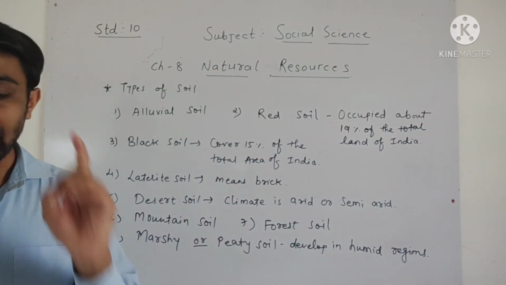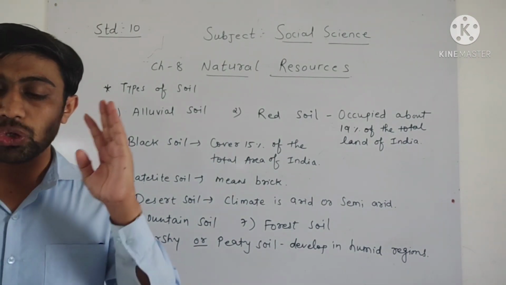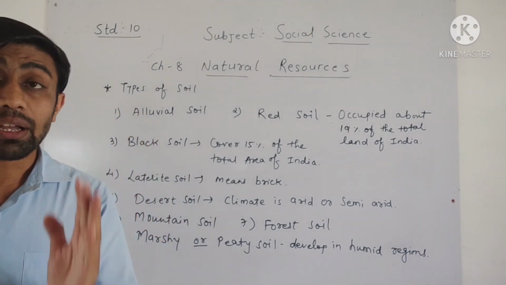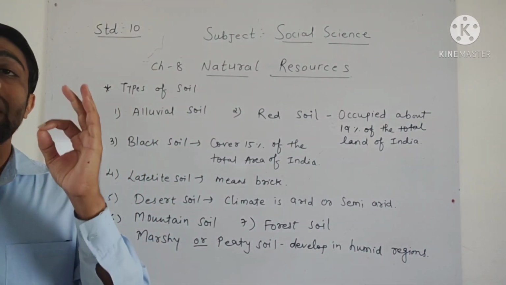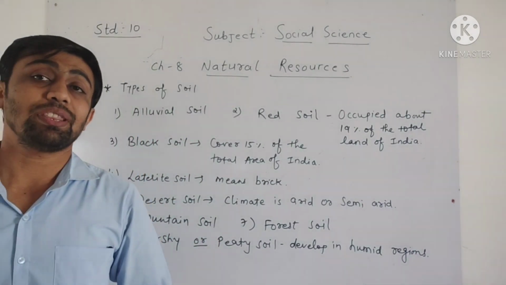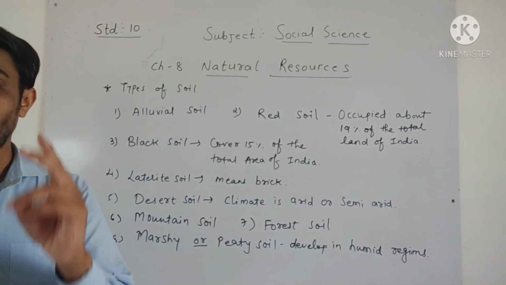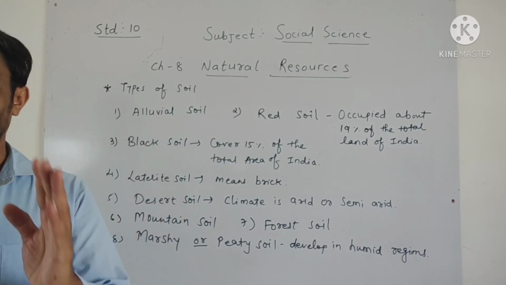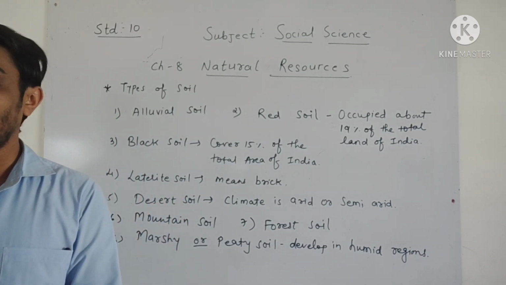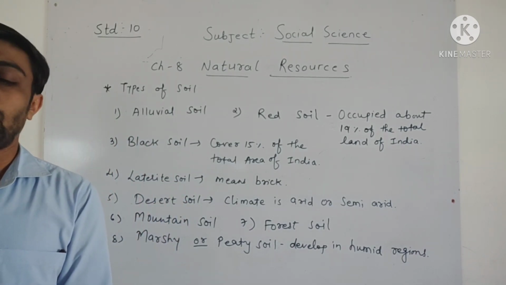Crops like millet, cotton, wheat, jowar, linseed, groundnut, potato, etc. are grown in this soil. Which things are grown in this soil, dear children? Remember that cotton, wheat, millets, jowar, potato, groundnut, all these things are grown in red soil.